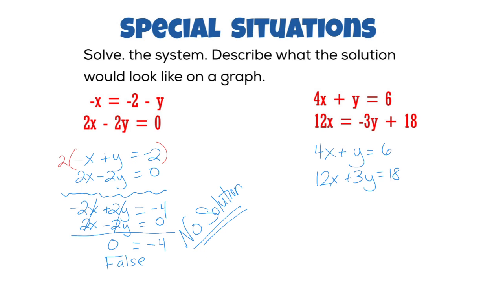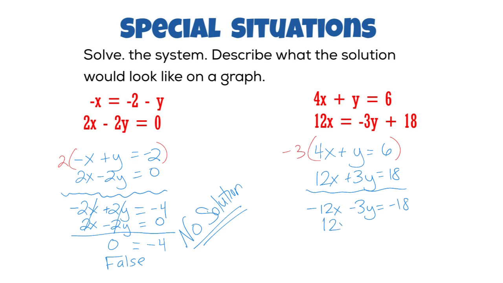I think I'm going to work on my y's because the numbers are a little bit smaller. So that just means taking the top equation times a -3. So my new equation is a -12x minus 3y equals -18.